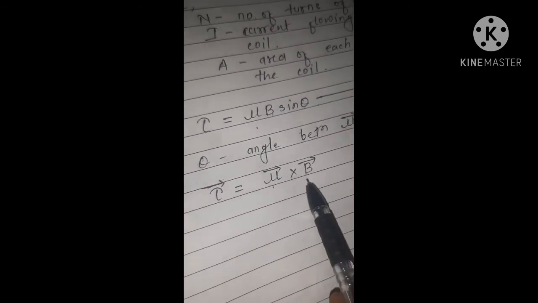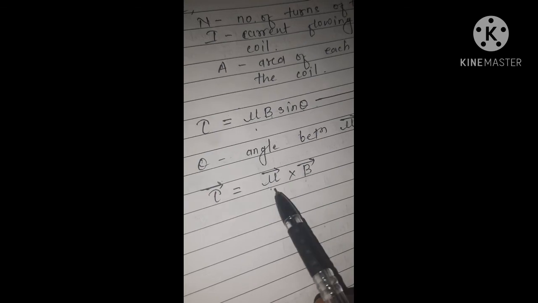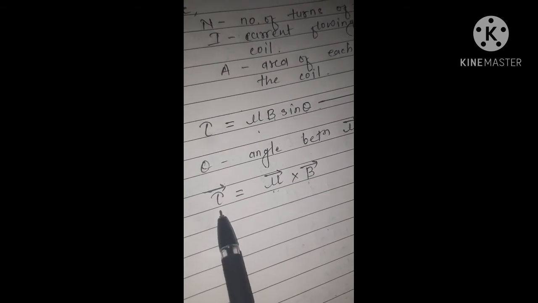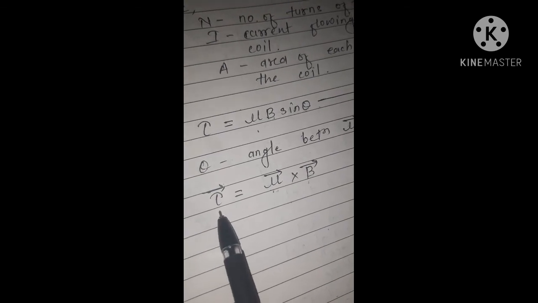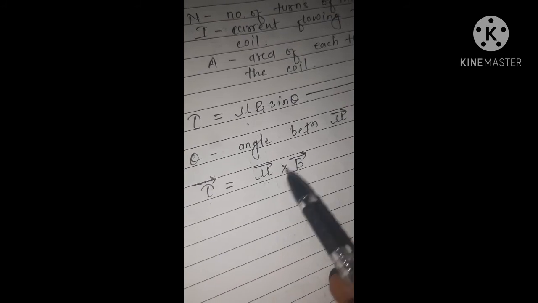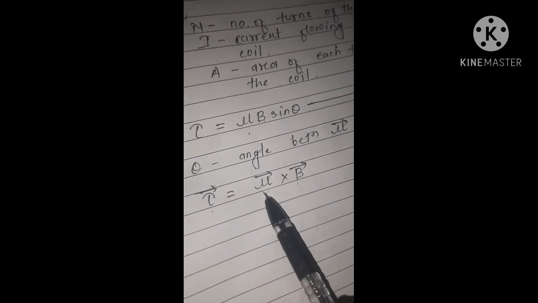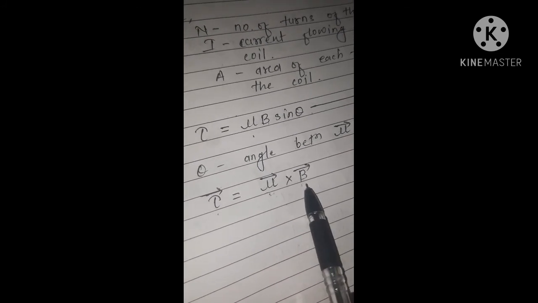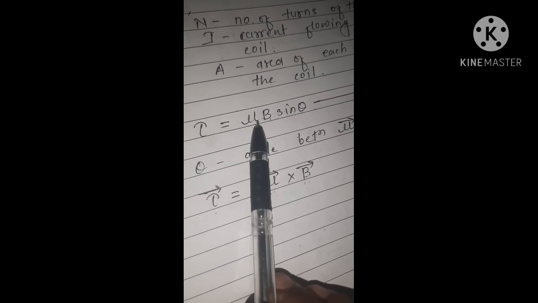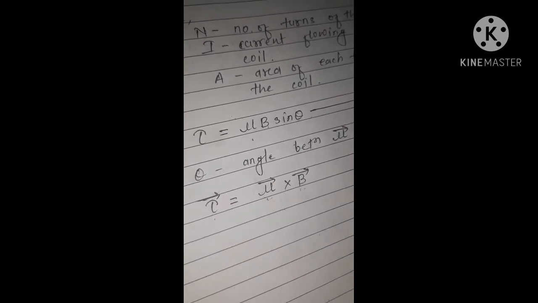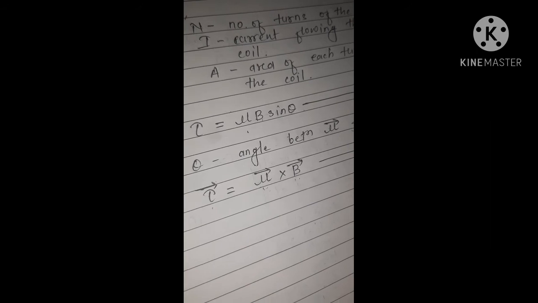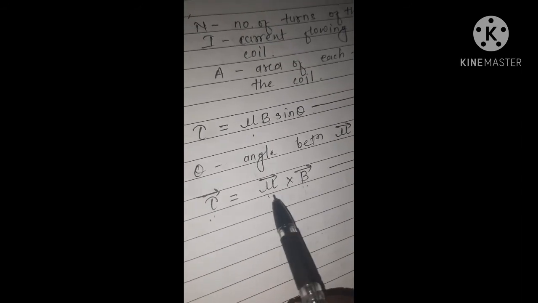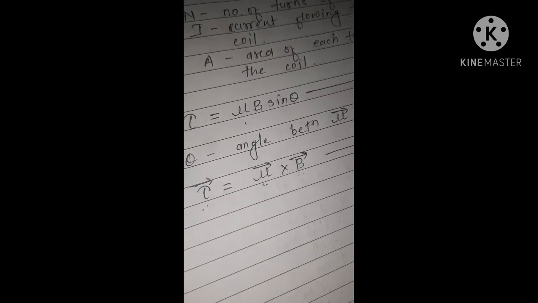This is the vector product of two vectors, which gives a resultant vector quantity. So this is the vector product of vector mu and vector B, and the magnitude of this is given by this equation. Therefore, the vector form of torque is this.